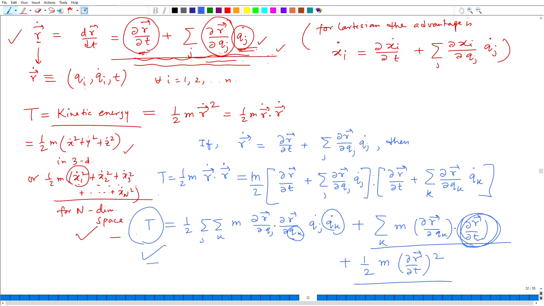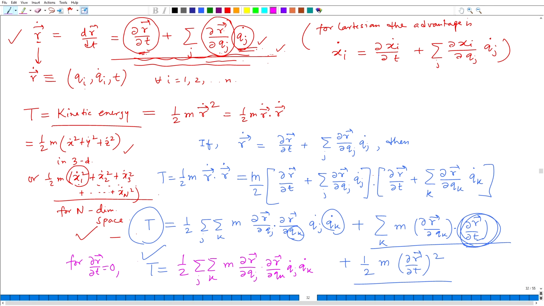So, I am writing that for ∂r/∂t equal to 0, T is simply half sum over j k m ∂r/∂qj ∂r/∂qk qj dot qk dot.